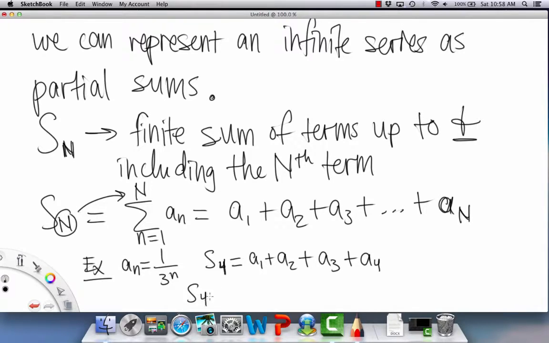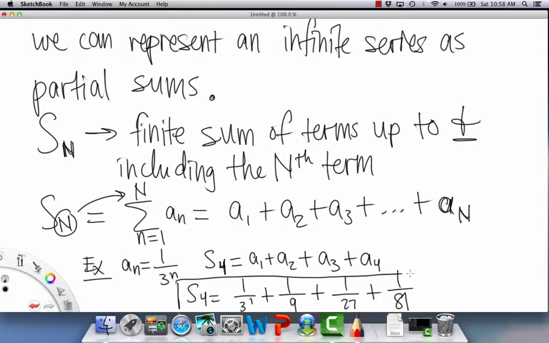And then this would be 1 over 3 to the 1, plus 1 over 3 to the 2, that'd be 9, plus 1 over 3 to the 3, 27, plus 1 over 3 to the 4th, which is 81. Okay, so this is what the partial sums up to the fourth term would look like for our given sequence.